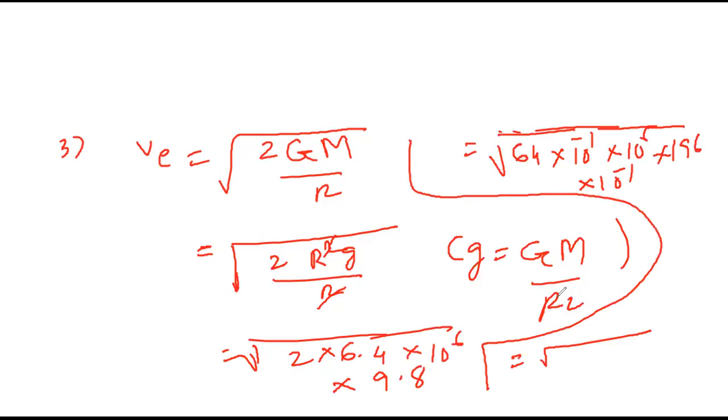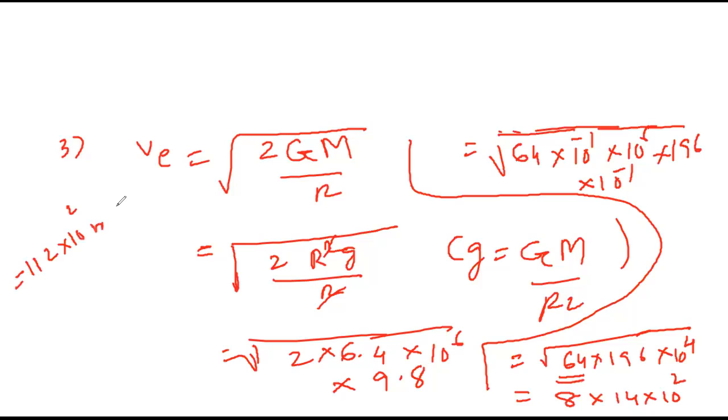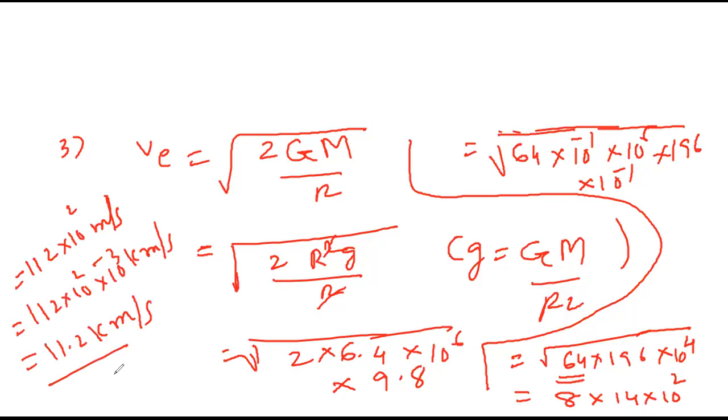So this will become root of 64 into 196 into 10 raised to plus 4. Square root of 64 is 8. Square root of 196 is 14 into 10 raised to 2. So it is 112 into 10 raised to 2 meter per second, or you can write 112 into 10 raised to 2 into 10 raised to minus 3 kilometer per second. So 11.2 kilometer per second is the value of escape velocity from the surface of Earth.